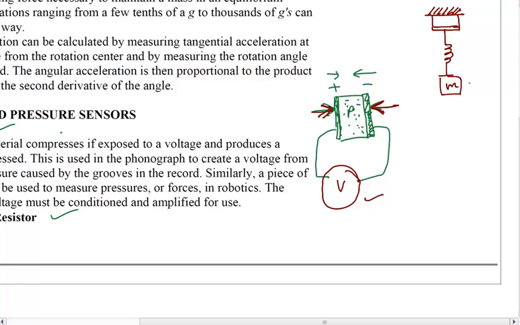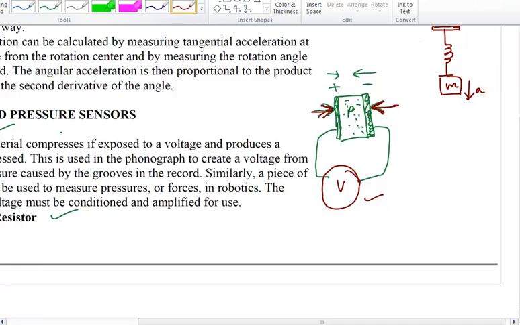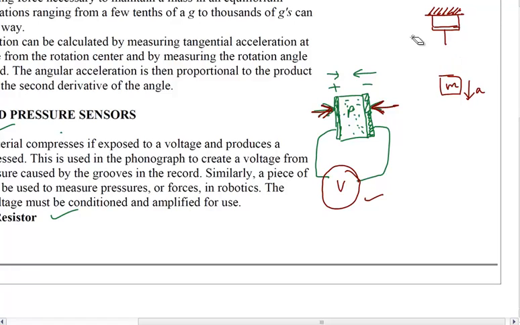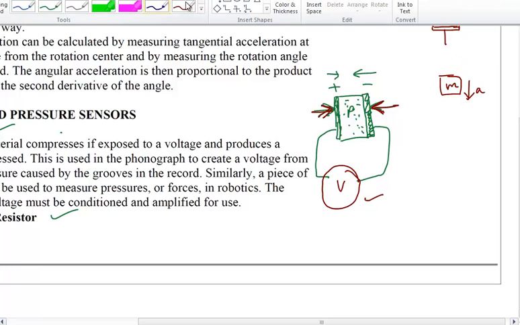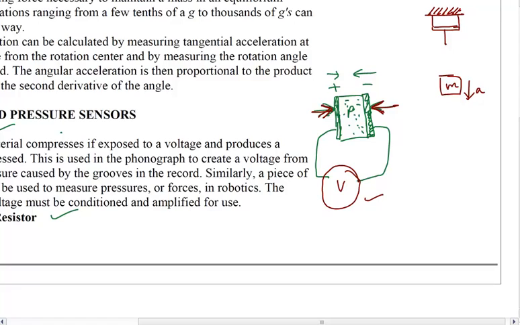Suppose there is no spring here, I don't want to draw a spring here. Suppose instead of a spring I now have the piezoelectric directly connected to this mass, and this is not having any elasticity. It's not a spring, it's a very rigid material.